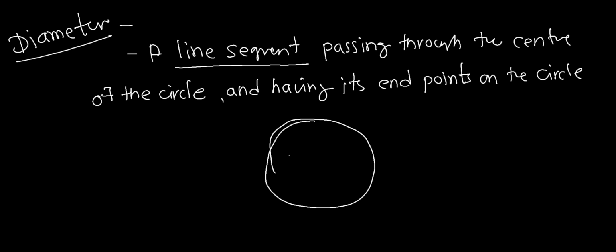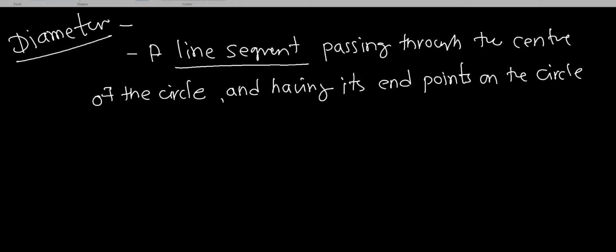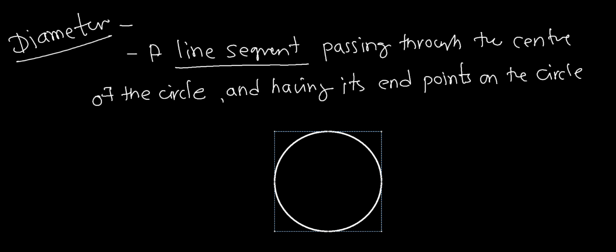This is a circle, and this is the center of the circle. A line extends infinitely from both ends, but a line segment is a part of that line.